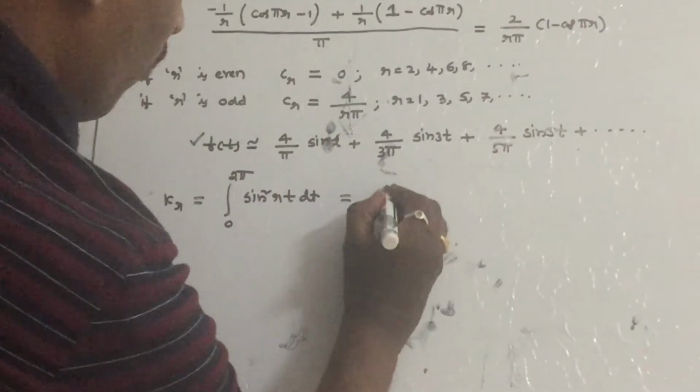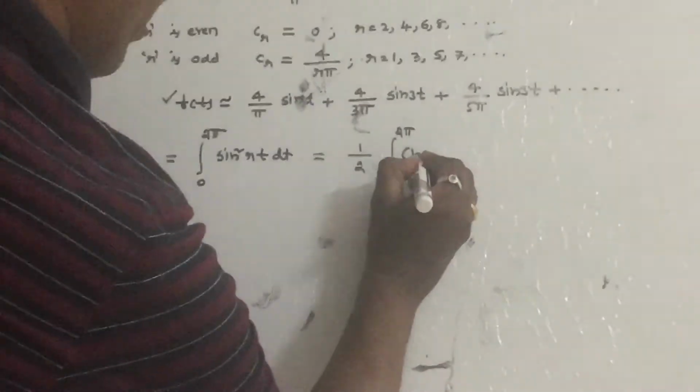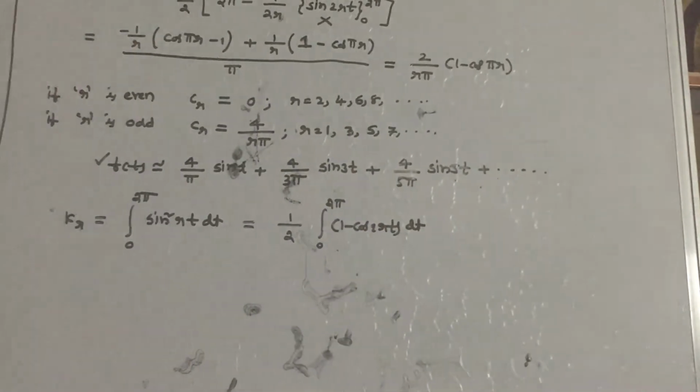Kr is equal to 1 by 2, integral 0 to 2 pi of (1 minus cos 2rt) dt.